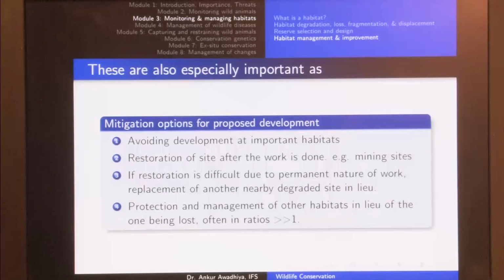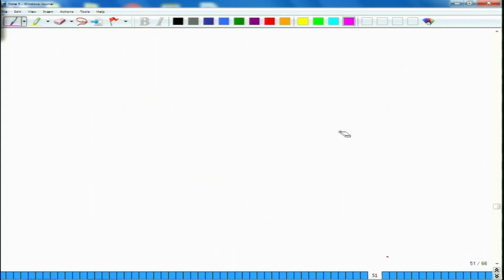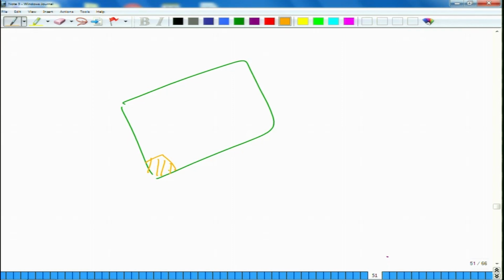So, essentially what we are saying in this case is that there was a forest area, and in this forest area we diverted some area into mining, and this mining was done in such a manner that we can neither replace it, nor restore it, nor reclaim it.